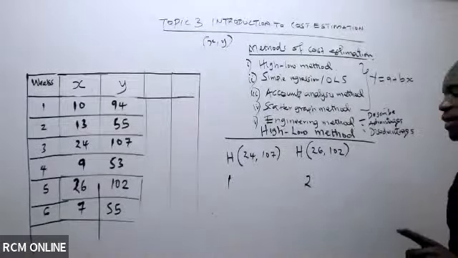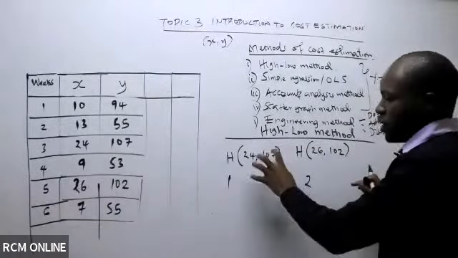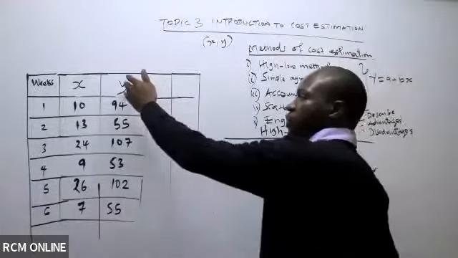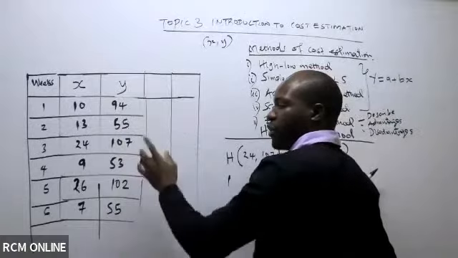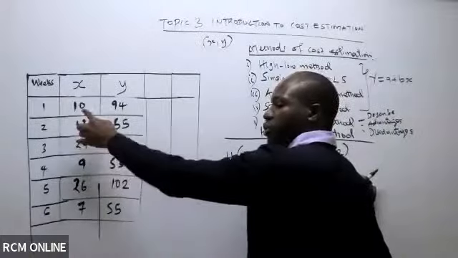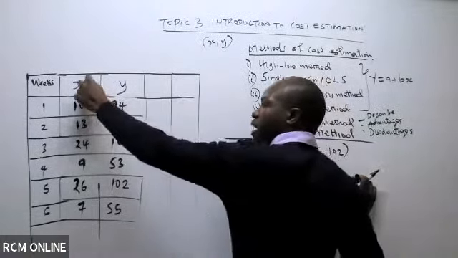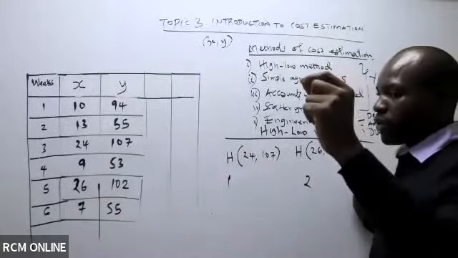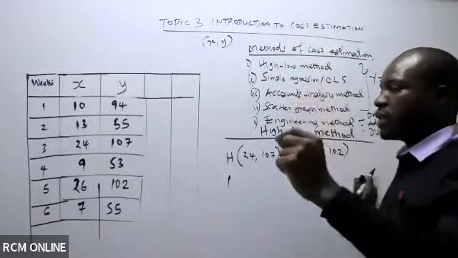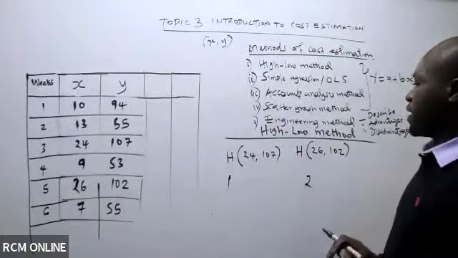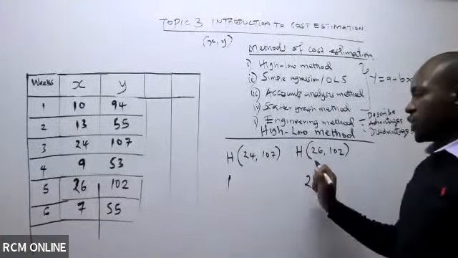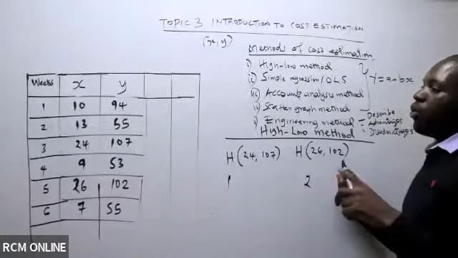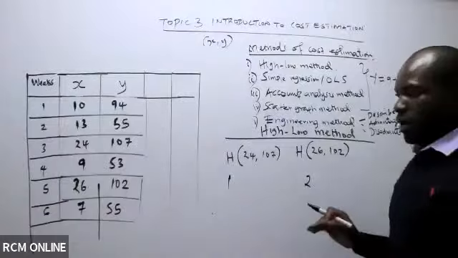Because we said the moment you pick the highest values pair, we don't focus on the highest values in column Y. We focus on the highest value in which column? In column X, because X is the cost driver. It does not depend on anything. It is the independent variable. So that leaves us with 26, 102, right?